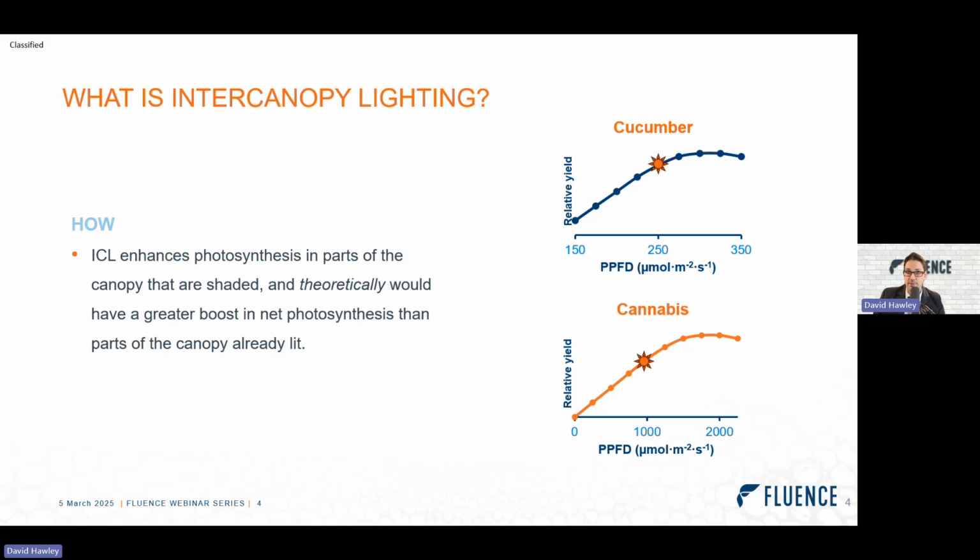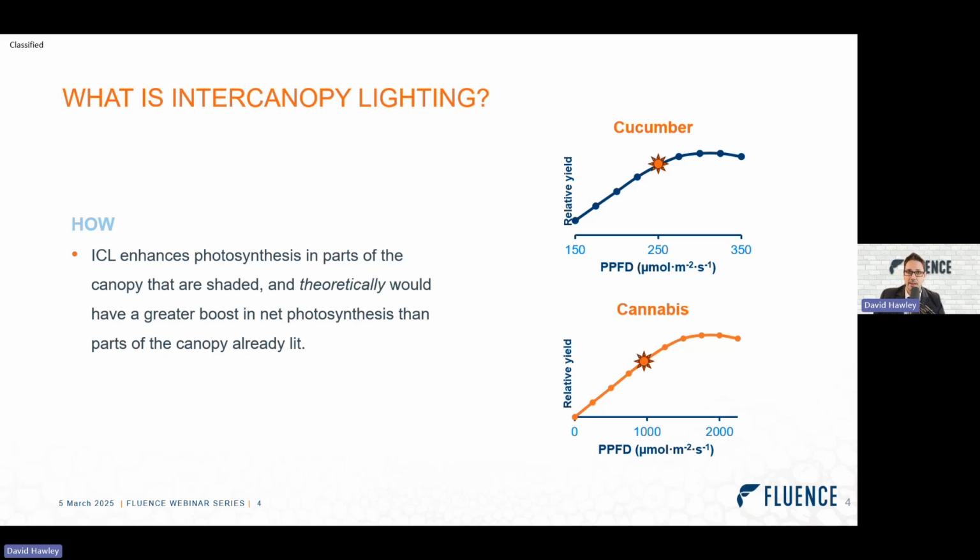Cannabis is a different story, right? As maybe a lot of you know, there's this one-to-one relationship with light and yield. 1% more light gives you 1% more yield up until the point of plateau. And with cannabis, that plateau is really high. I'm not going to go on and on about our past research from 2020.